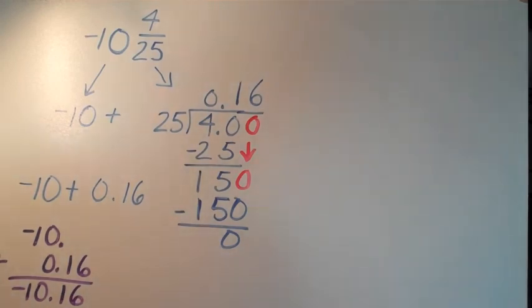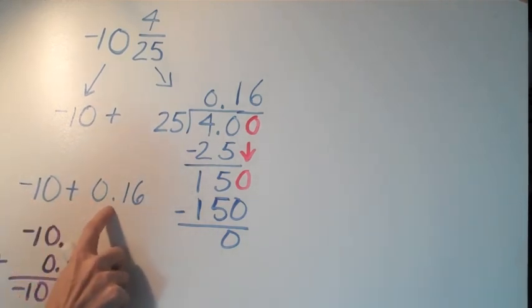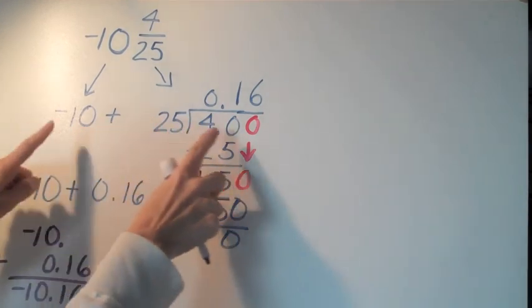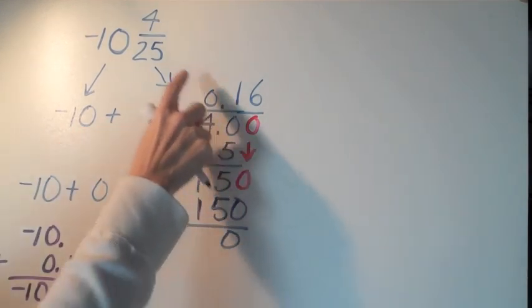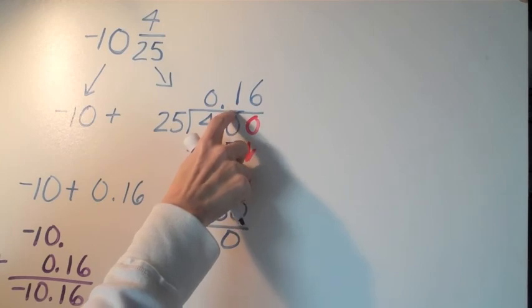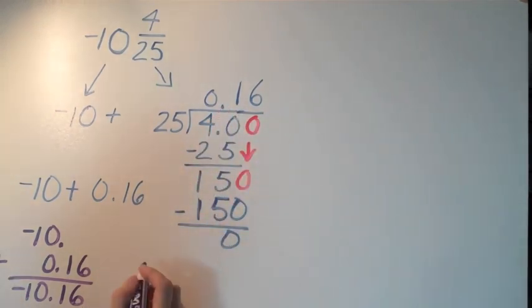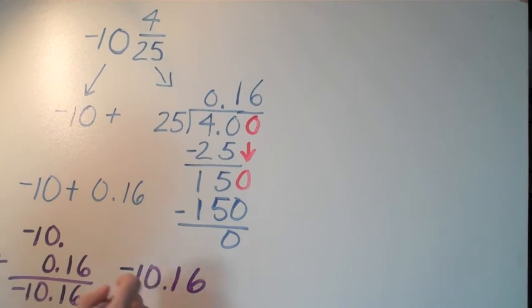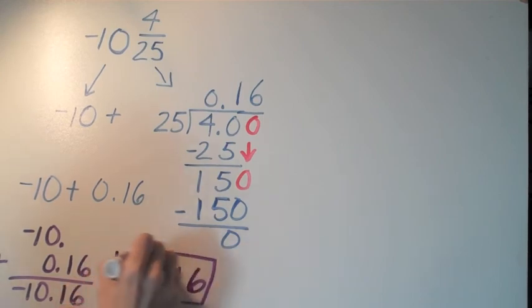And that would be our answer. So again, you just put the -10 plus the 0.16 together after you've separated them. You got what the fraction is equivalent to in decimal form, and you just put the 2 together. So our final answer, again, would be -10.16, or -10 and 16/100ths.